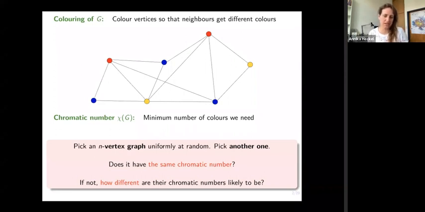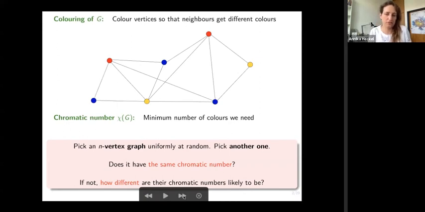So what we're asking is, of course, the chromatic number of a random graph is a random variable, but does this random variable behave basically deterministically, which means with very high probability we get the same result the second time we try, or are the results completely spread out, in principle anywhere between 1 and n?